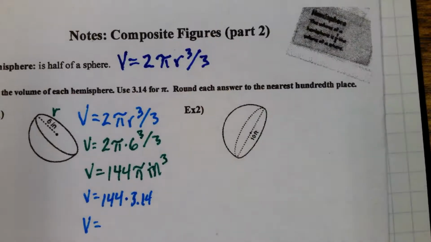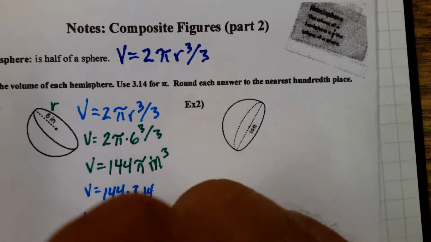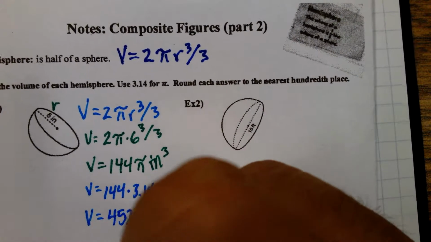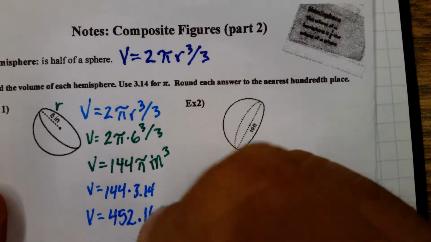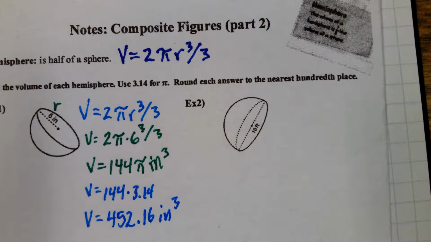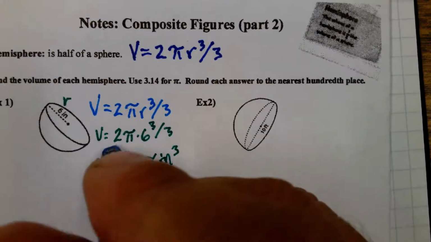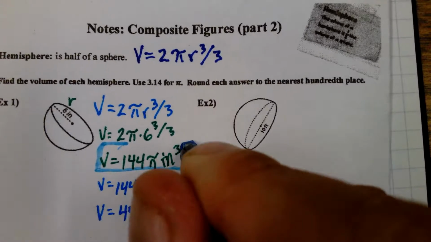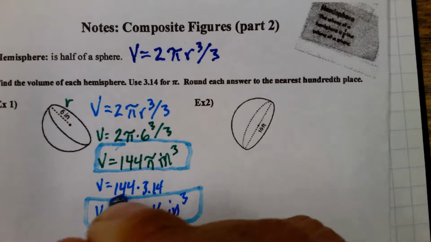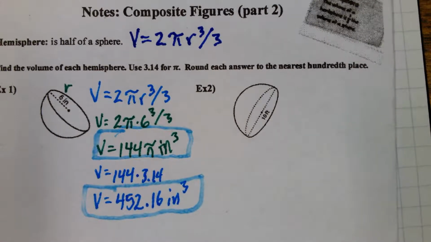Okay. So we got two answers here. One in terms of pi, and our estimated answer, which would be useful if we were using this for some sort of real world situation.